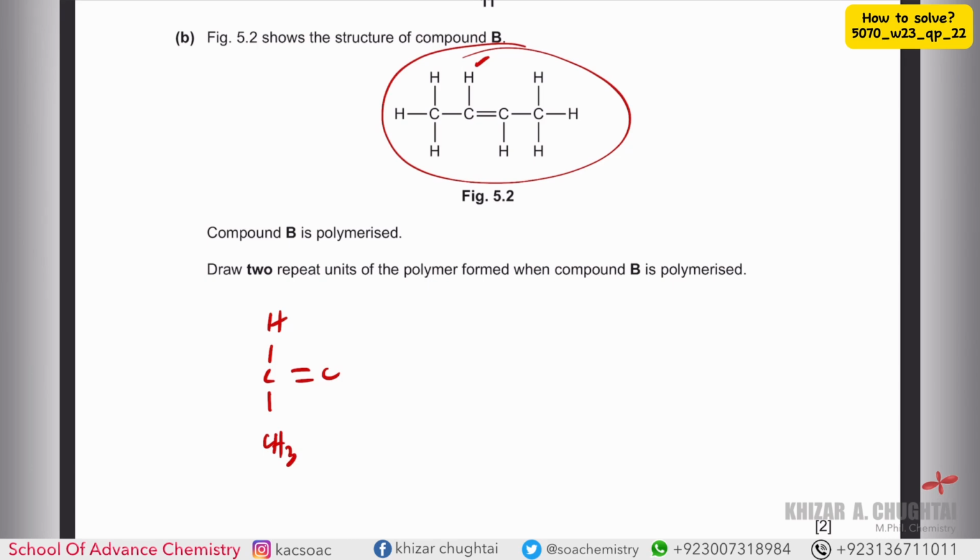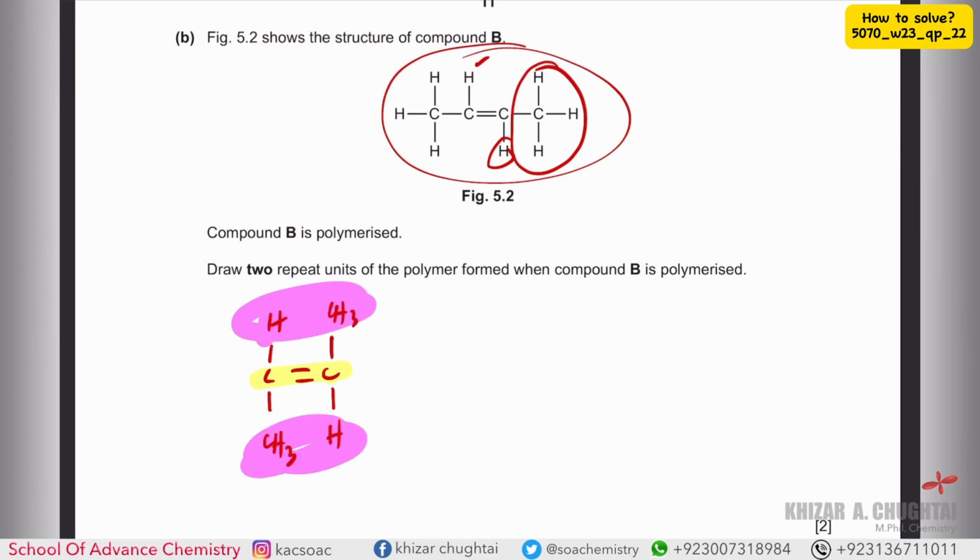Again, on this carbon, one atom is hydrogen and one group is CH3. So I'm arranging all these atoms around the carbon-carbon double bond, writing the groups above or below the double bond, not before and after. This is a way to write it, you can say.